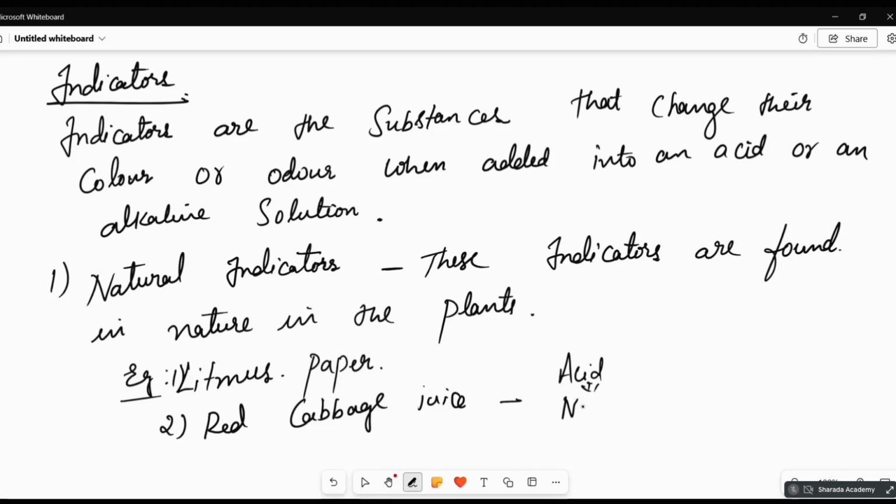It will be red itself. Whereas when you put a base, the red will change to green. Write down that.